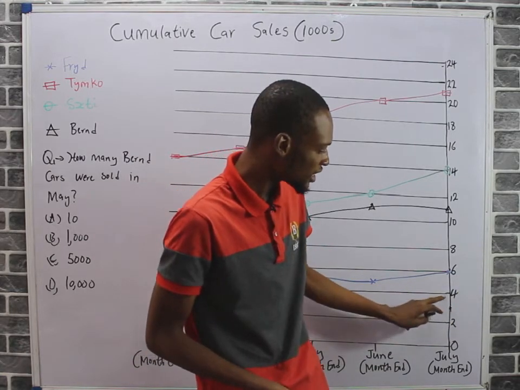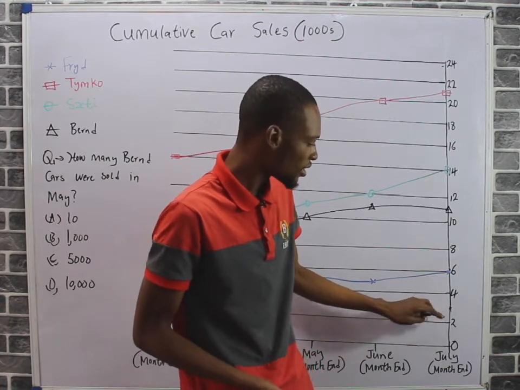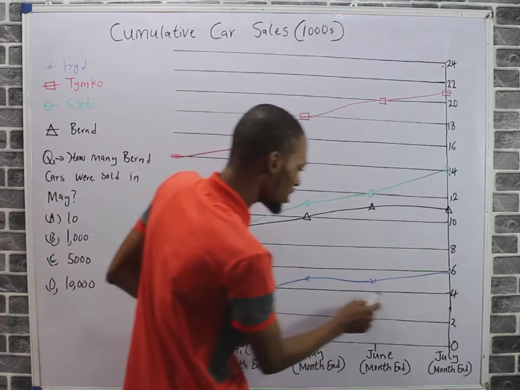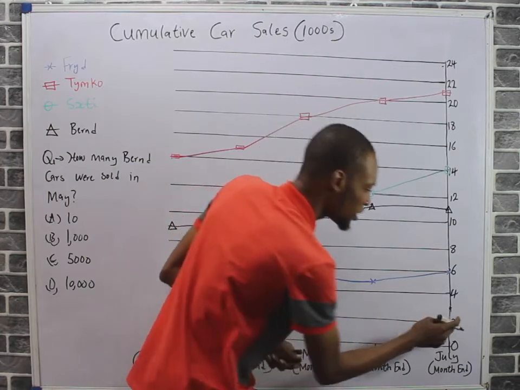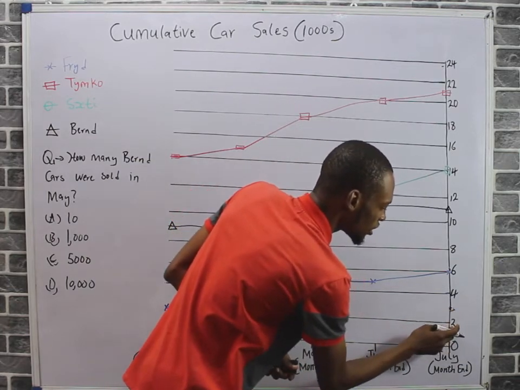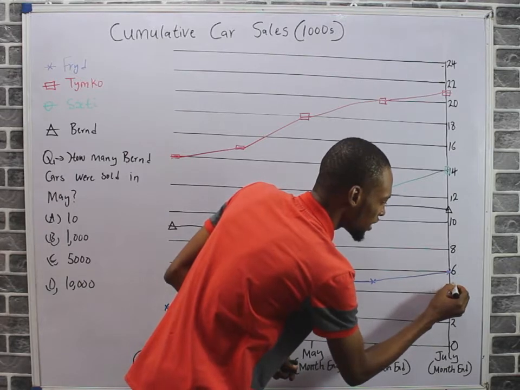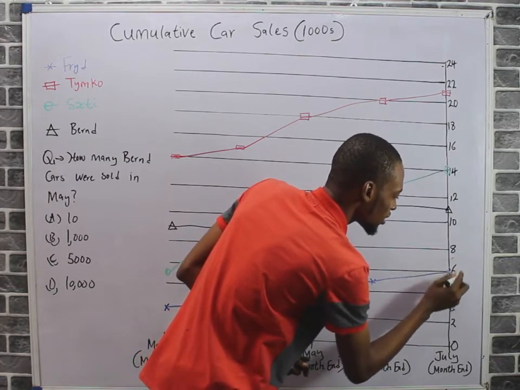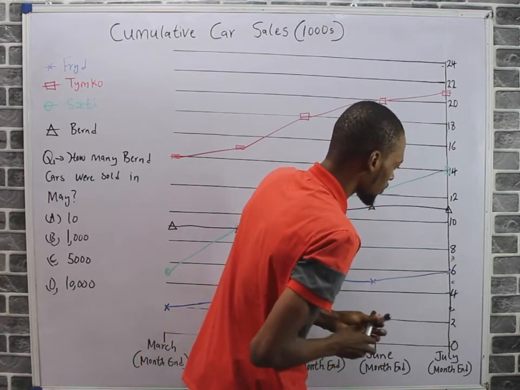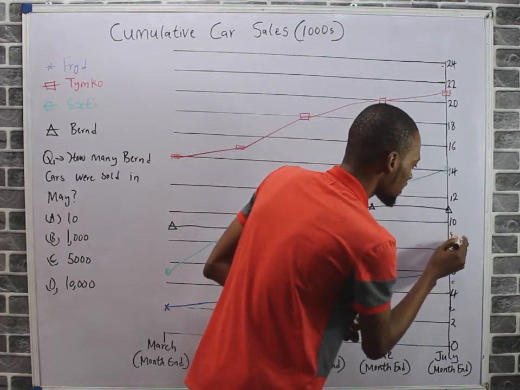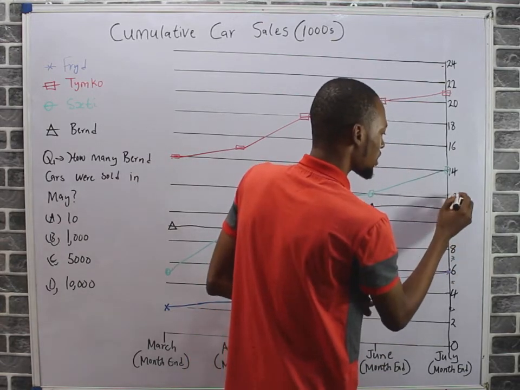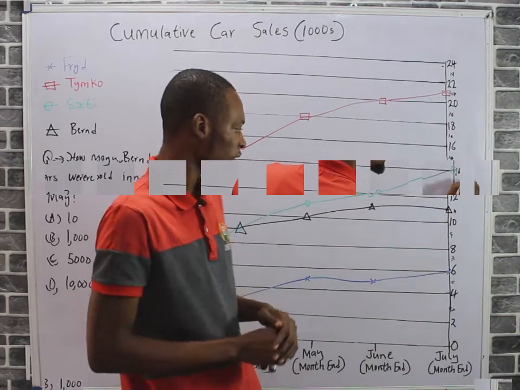So if from here to here is another 1,000, any value that is here will simply be 3,000, which means here is 2,000, 3,000, 4,000, 5,000, 6,000, 7,000, 8,000, 9,000, 10,000, 11,000, 12,000, 13,000.